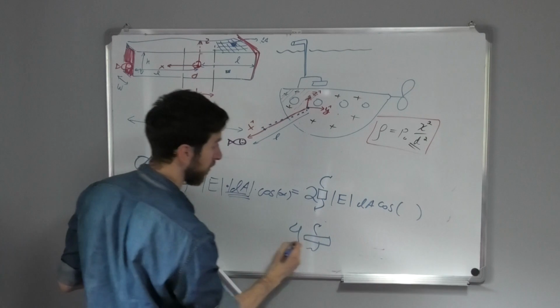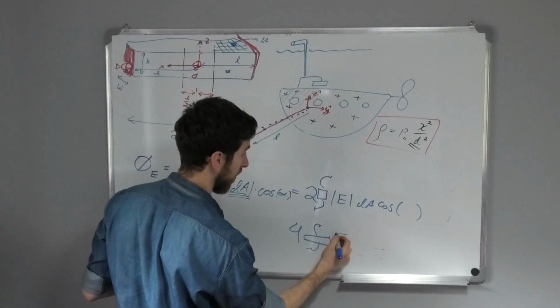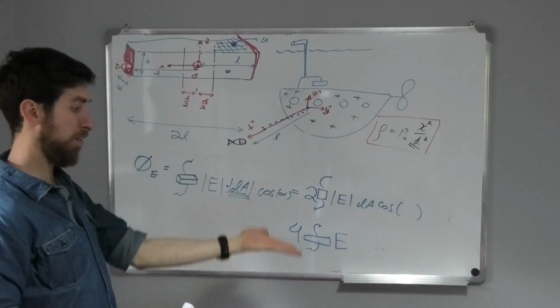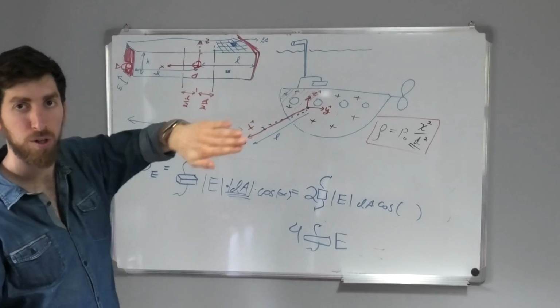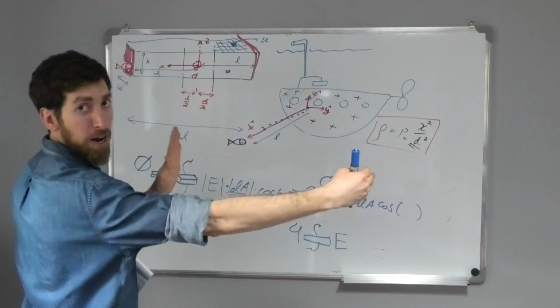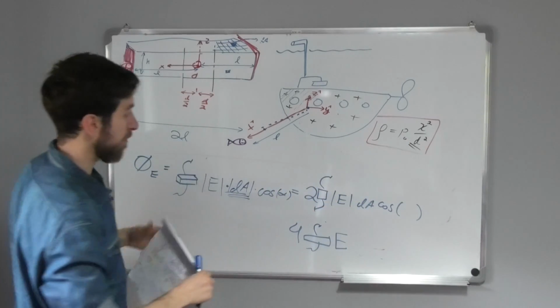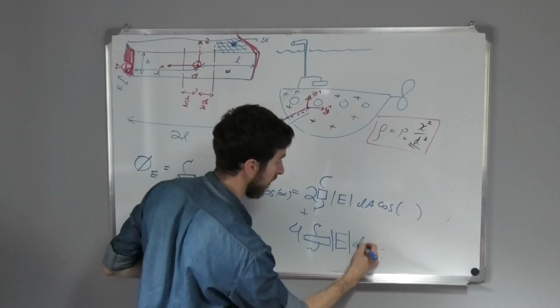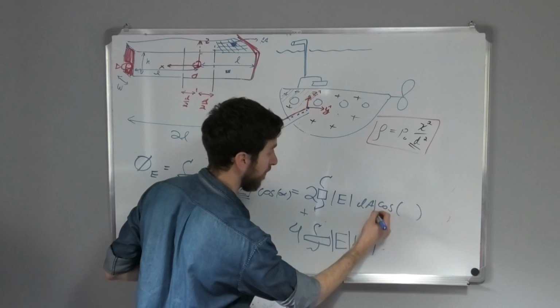And I have four of those. Why four? Because I have 1, 2, 3, 4, and the other parts are 1 and 2. This is how I divide the box. Plus. Perfect? This has magnitude E, dA magnitude, right?